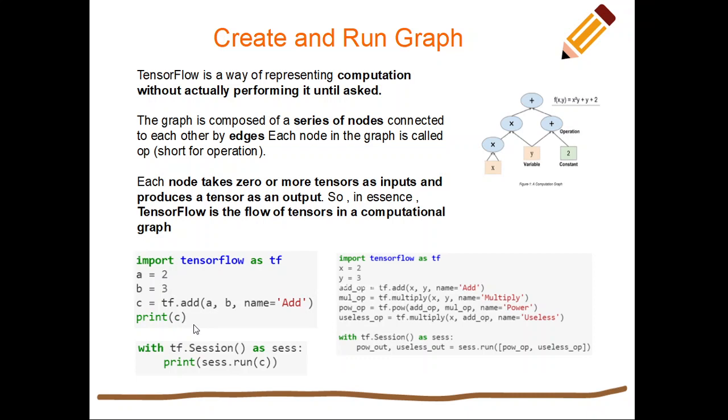Okay, so as we were discussing earlier, there's a separation between the creation of the graph and the execution of the graph. Okay, so the graph is executed in something called a session. Okay, so there is a library tf.Session. So we create a session using this, and then we run this particular graph with session.run.